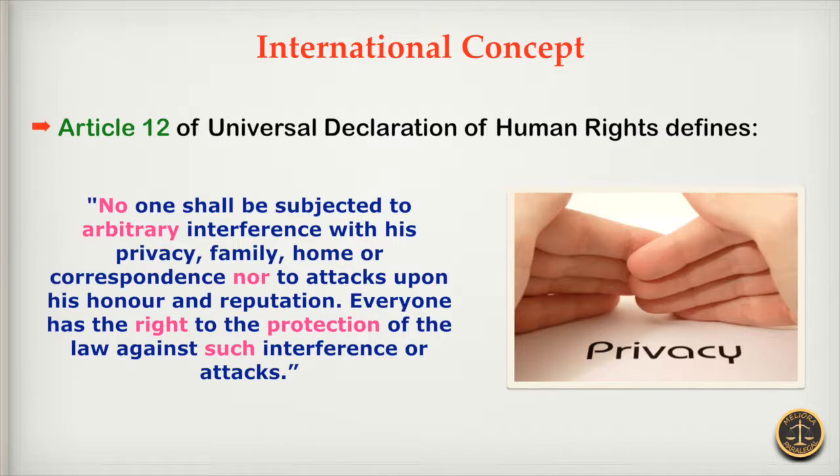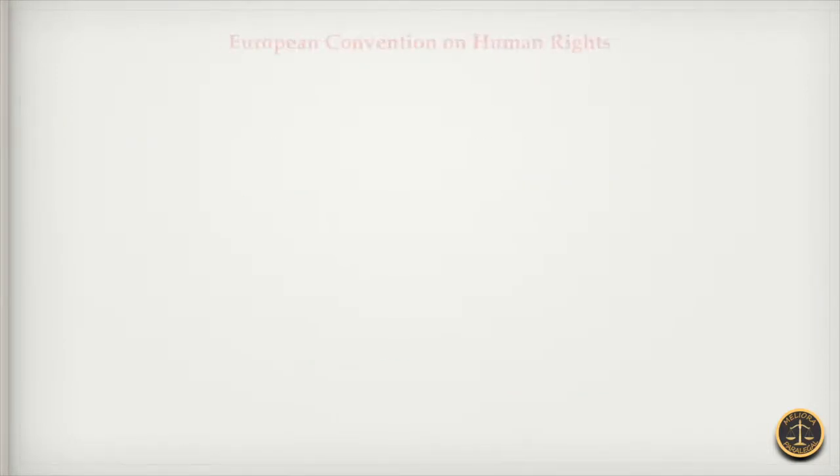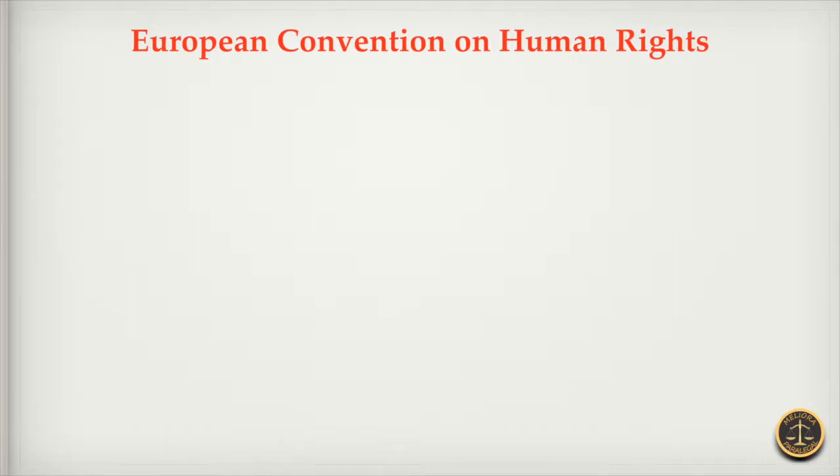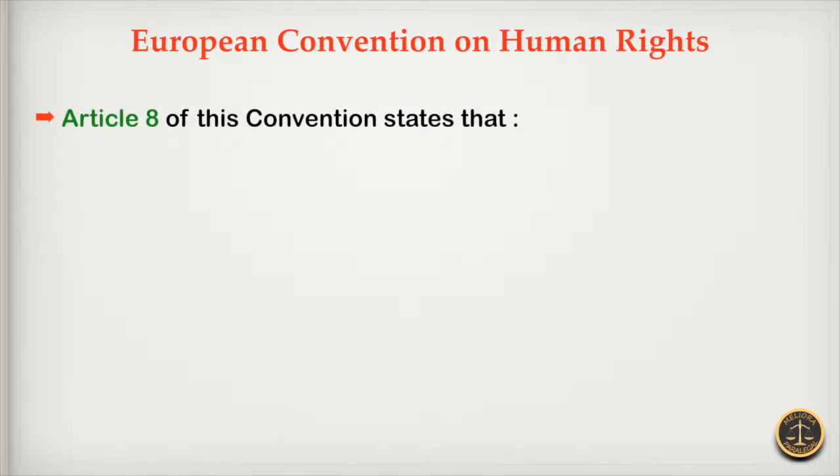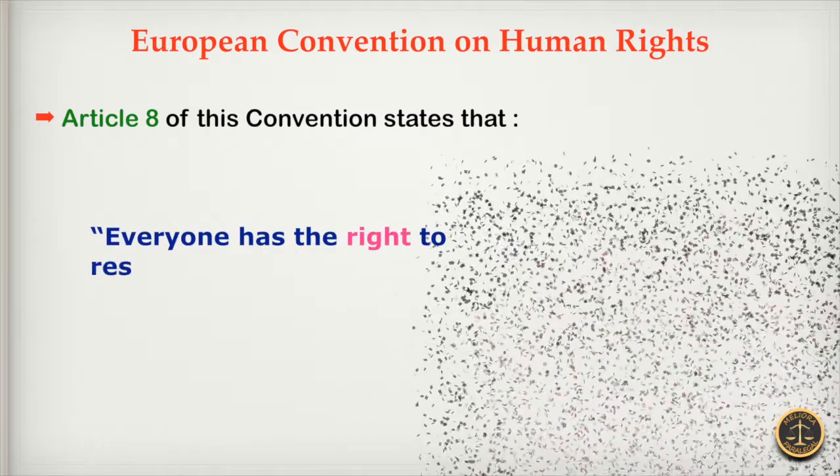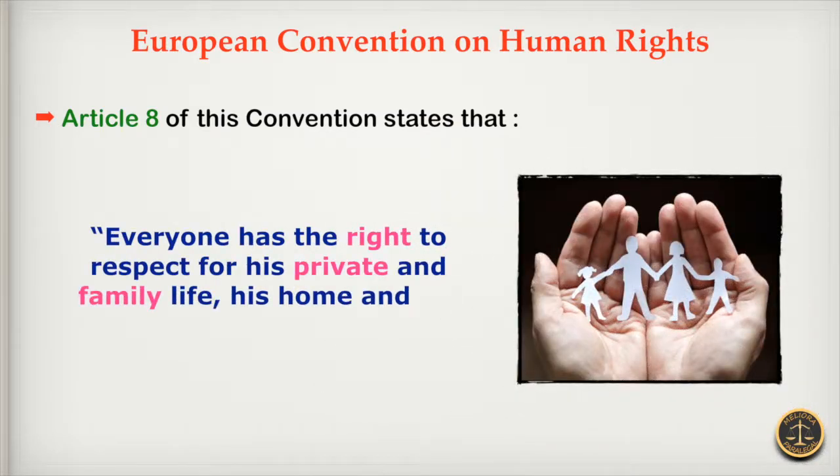Everyone has the right to the protection of the law against such interference or attacks. Further, European Convention on Human Rights, Article 8 of this convention states that everyone has the right to respect for his private and family life, his home, and his correspondence. Now, let's check out the relevancy of right to privacy in Indian laws.